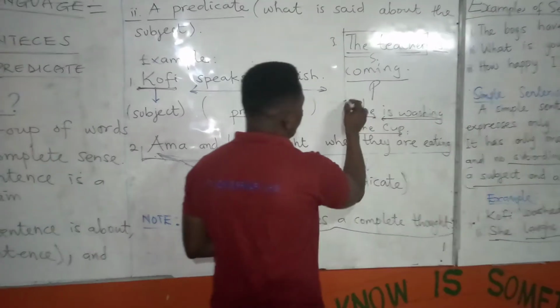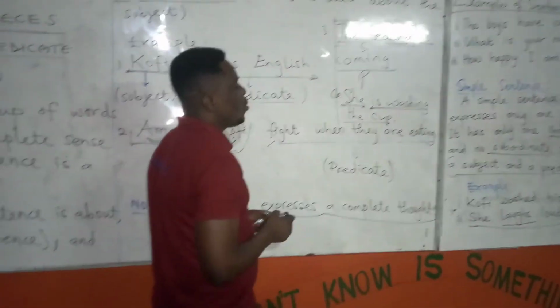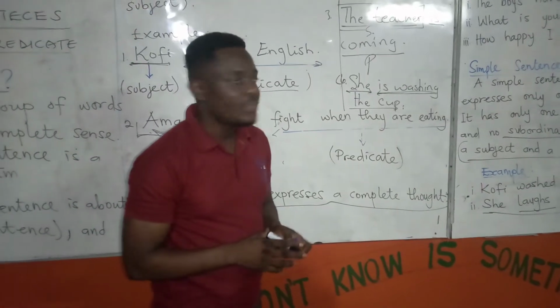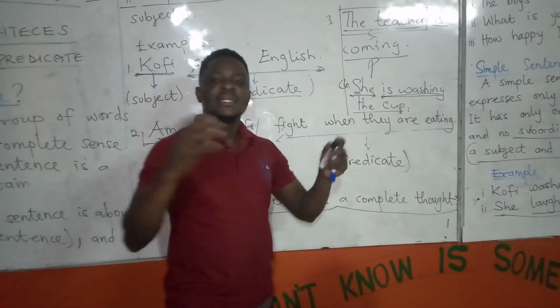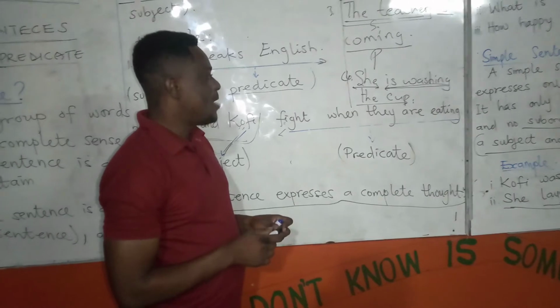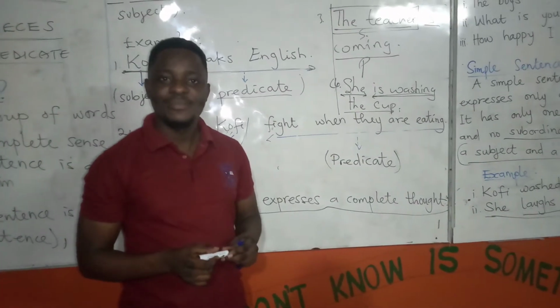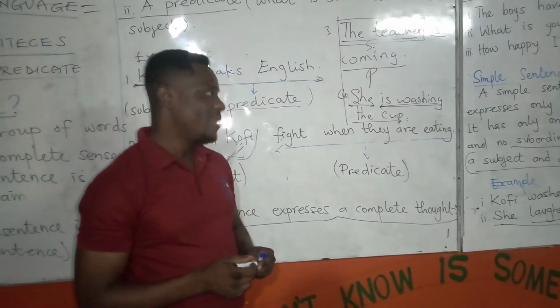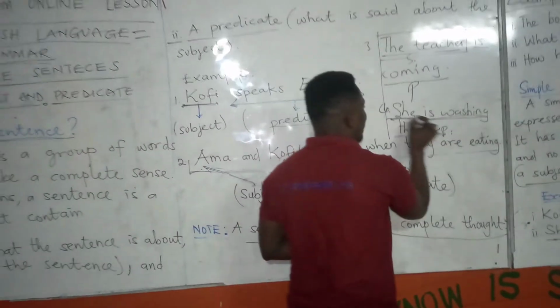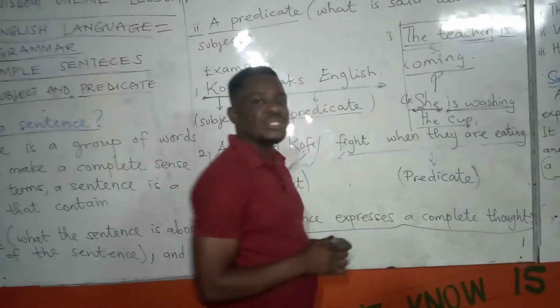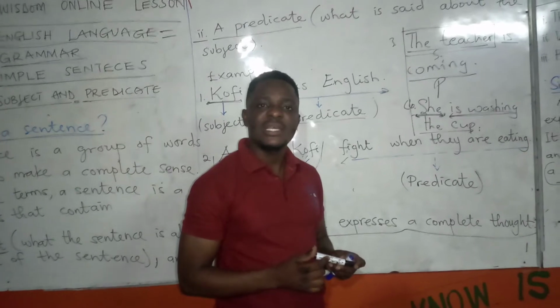Example 4 is, she is washing the car. Now, who is washing the car? She. Okay? Now, she is the performer, the doer of the action. And what is the action here?